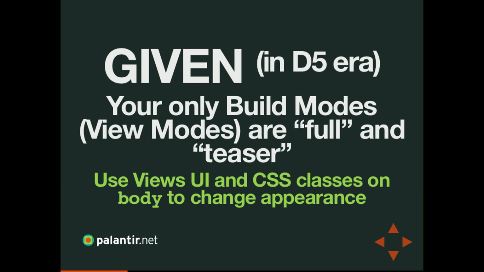We had build modes, basically full and teaser, but the common building tool that we have now of adding view modes for every way you want your node to look, that just wasn't quite so available. So we used my go-to tool back when I wrote a lot of CSS: body classes. I'm glad I don't write CSS anymore because body classes was my go-to tool. If I wanted to make something more specific, I'm going to use a body class that tells me something about the page that I'm on.